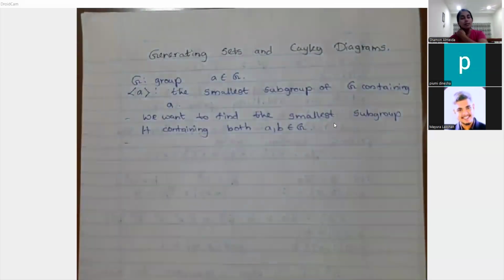What sort of elements can we expect for H to contain? If A and B are both in H, then we must have all powers of A, all powers of B to be in H because H is a subgroup of G. So it's a group on its own. Not only that, we should have any product of A and B in H. You take any power of A, any power of B, and you take the product of those two. It must also belong in H, right?